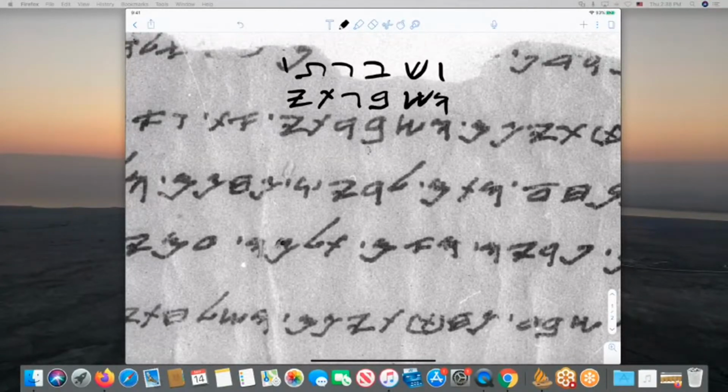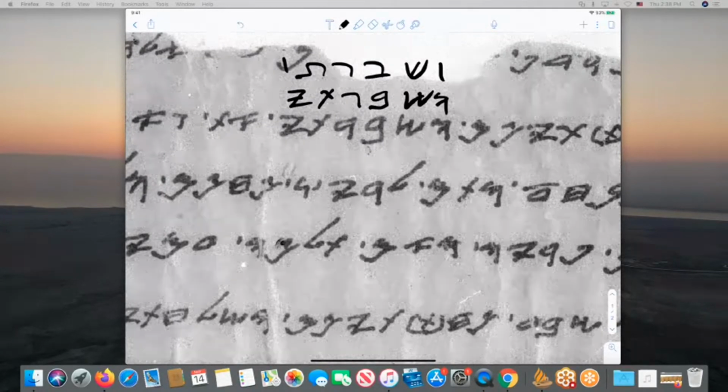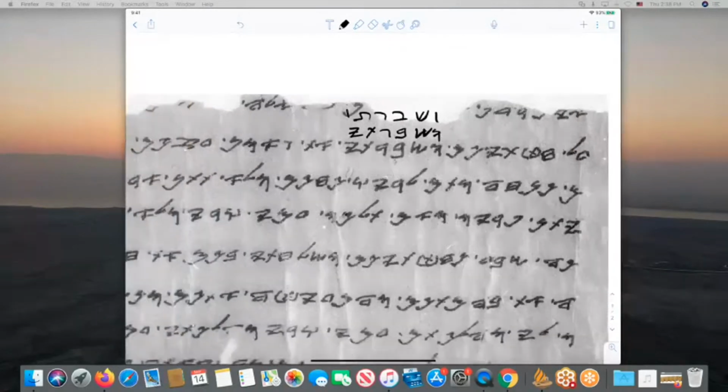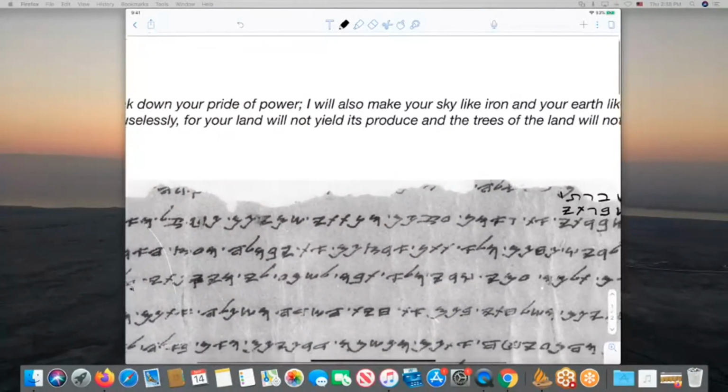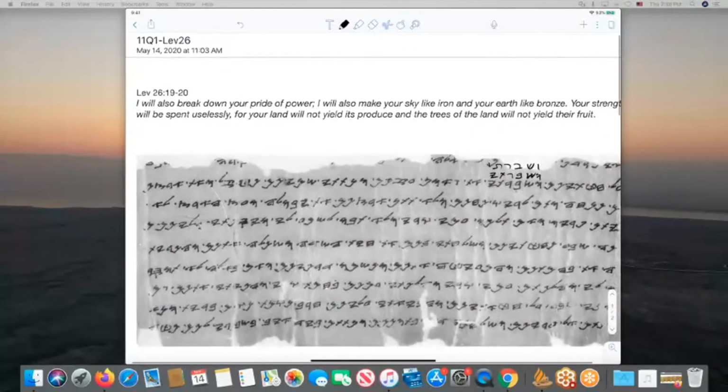So again, if you remember, our passage here is in this section of curses if Israel fails to abide by the terms of the covenant.